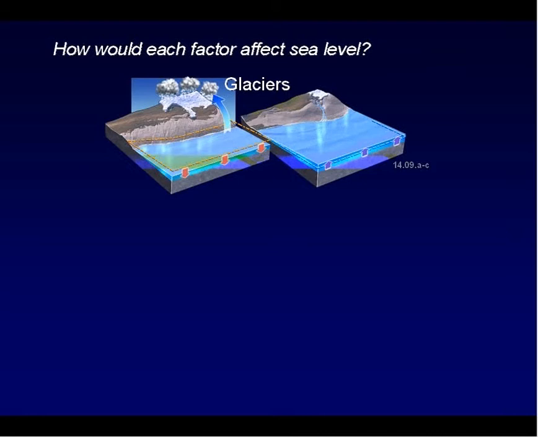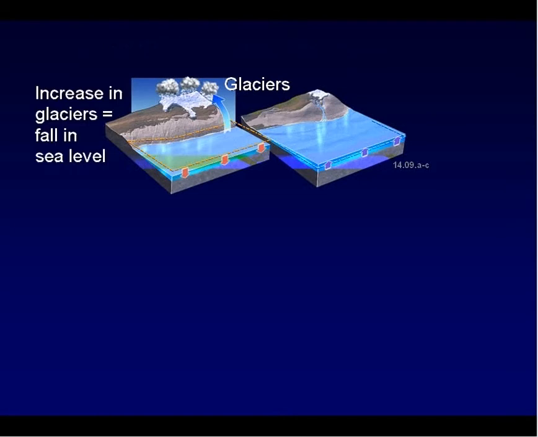So sea ice or icebergs and so forth, so ice which is actually floating in the sea, is part of the water budget and doesn't affect the sea level, whereas water which is taken out of the sea and solidified on land does affect sea level in this way. Okay, so an increase in glaciers is a fall in sea level, fewer glaciers is a rise in sea level here.